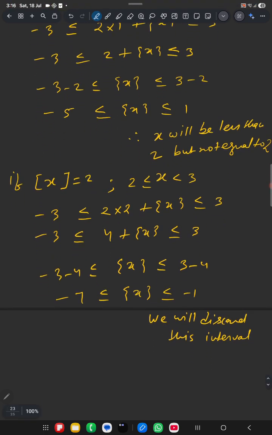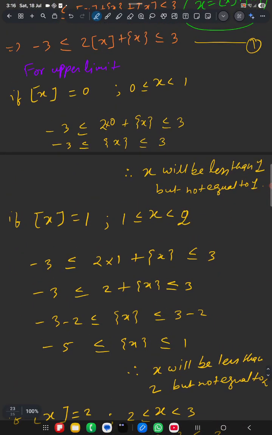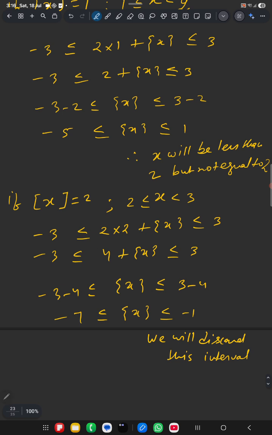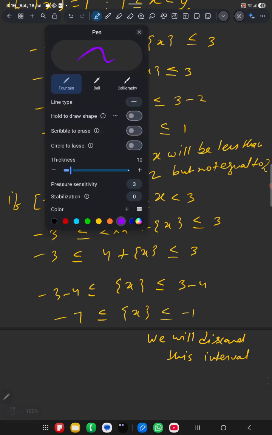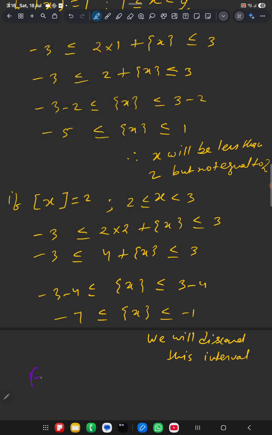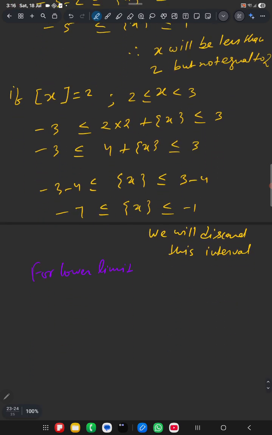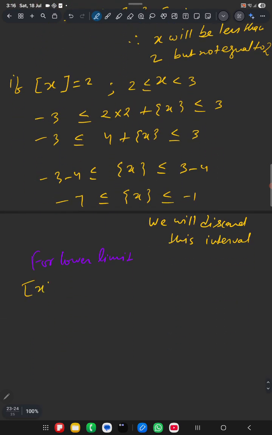Now we will come to the lower limit for x. Same way for the lower limit, we have to move to the greatest integer value of x equal to minus 1, because we have started from 0.